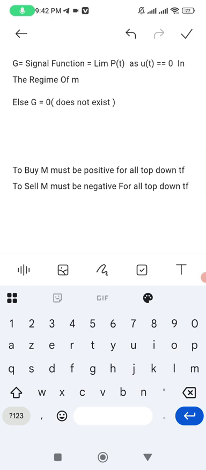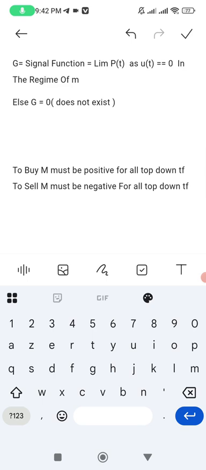To buy a market successfully, M must be positive for all top-down time frames. Meaning that when you run the algebraic summation of the individual M's from the top-down time frames, it must be positive.